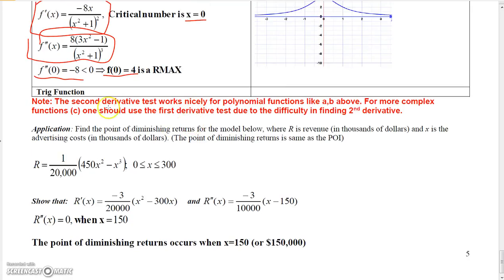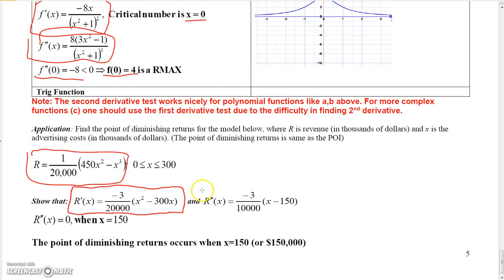In other words, the second derivative there is negative. So going back to this problem, to find the point of diminishing returns, what I need to do is find the second derivative of this revenue function. Here is the revenue function, and you can find the derivatives on your own. The first derivative is minus 3 over 20,000 times (x squared minus 300x).